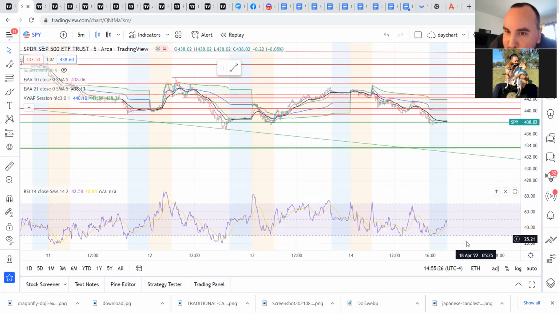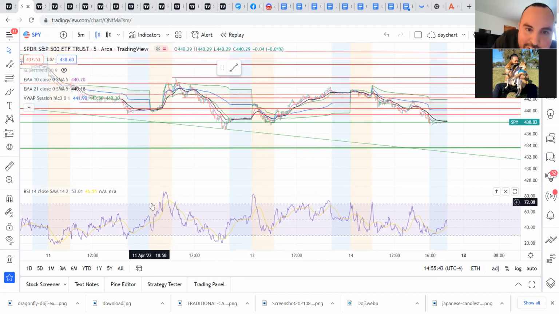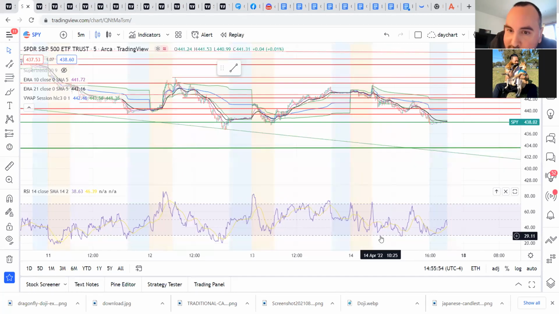It's a number generally between 0 and 100. It can go over 100 and into a negative number, but that's not very typical. 70 is this dotted line right here, and that's when it starts to get overbought. 30 is when it's oversold.